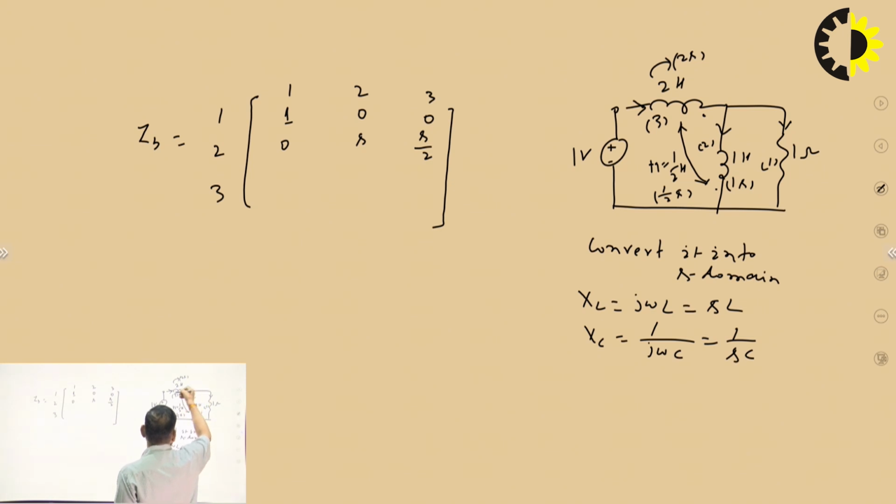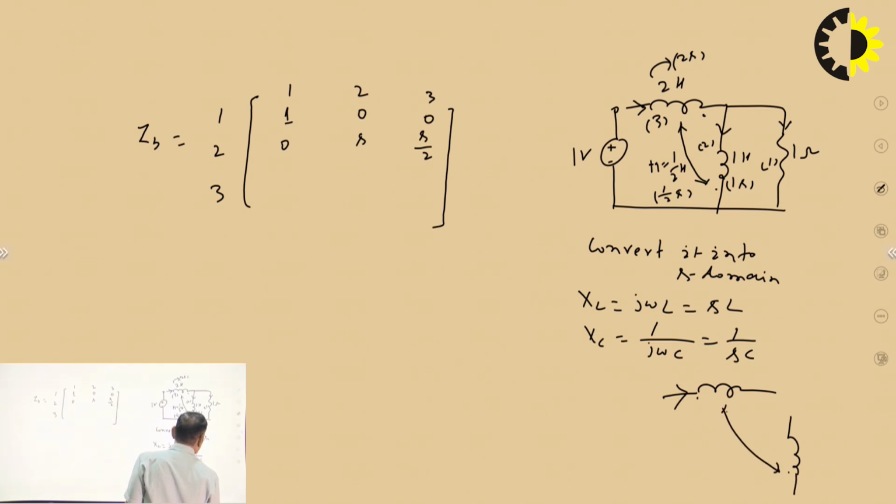If the current is entering in one branch and leaving in the other, then it will oppose. Here the current is leaving both dots, so it will be plus. Suppose the dots were placed differently, with current entering here and leaving there, then it will be minus S by 2, because the flux linkage will oppose.